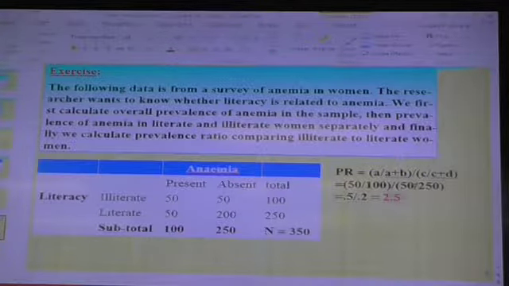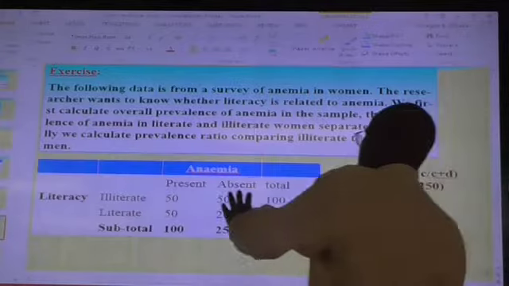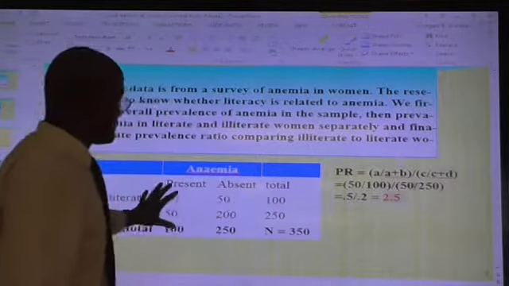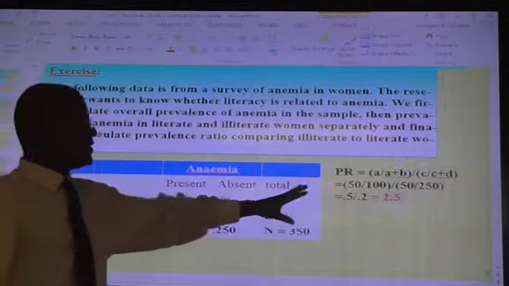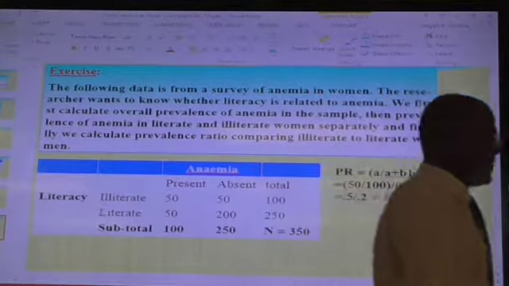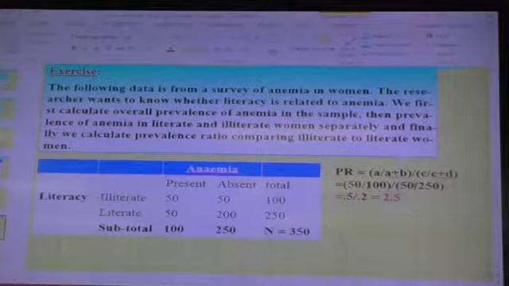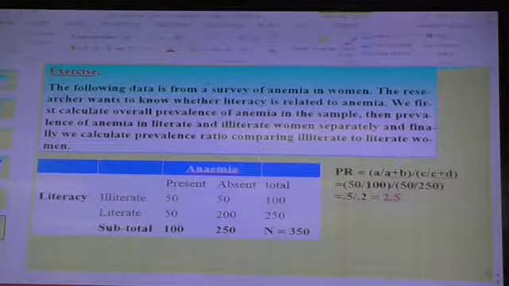Illiteracy means if they cannot read, then they don't have any know-how about the condition. That is what the study is all about. Based on this, we have a prevalence ratio of 2.5.